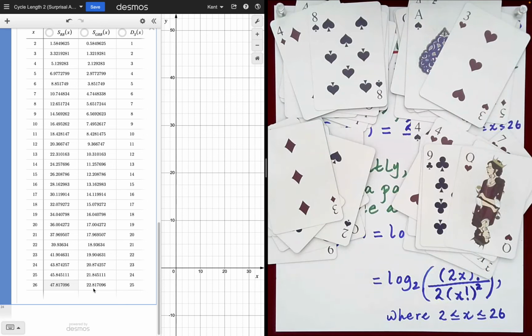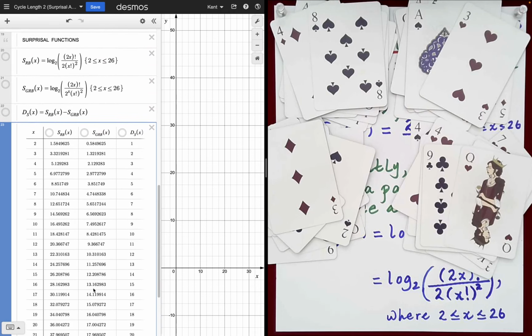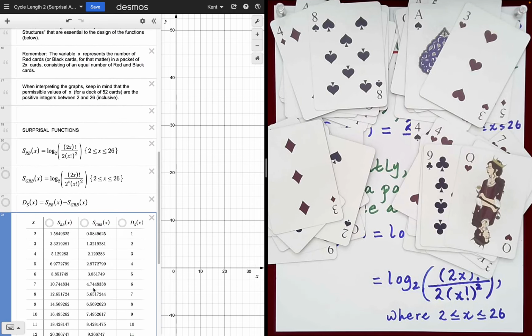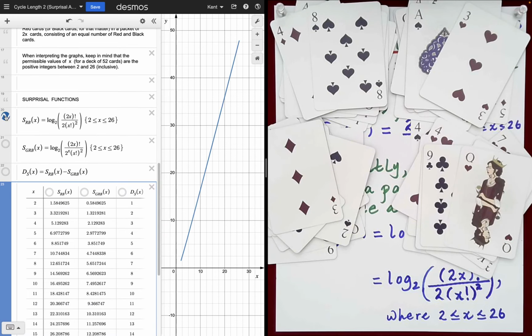In fact, let's go ahead and take a look at the graphs since we've gone through the trouble of creating these Surprisal functions. So here's the one for the original packet structure that we started with, where the cards alternated in color. Now remember, the x values down here have to be doubled to actually obtain the true packet size. So for example, you can see the 10 here. Well, that's representing 10 red cards and 10 black cards.